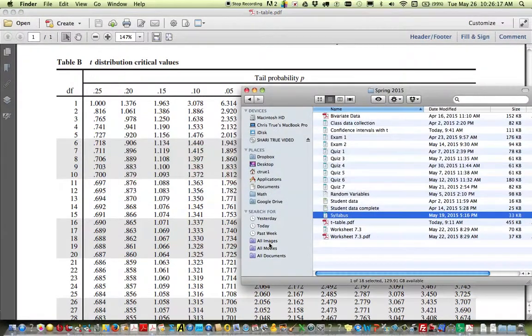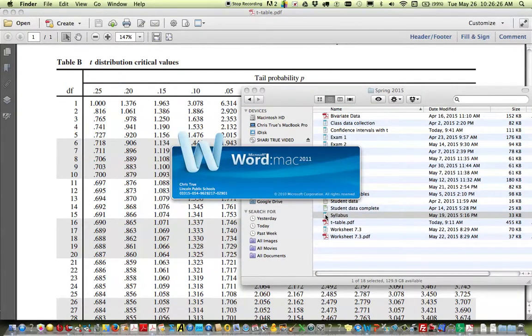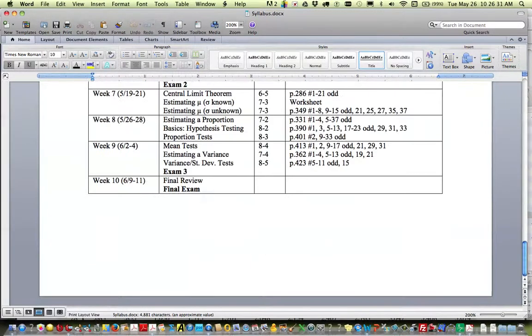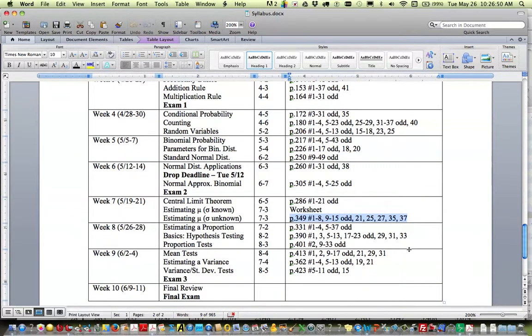What I'd like you to do for homework for Thursday is to work through the rest of these problems using the t-distribution, which is on your homework sheet, this part right here, page 349, from section 7.3, and this is all using the t-distribution instead of the z. And then also looking ahead, I'm going to move on to hypothesis testing next time.